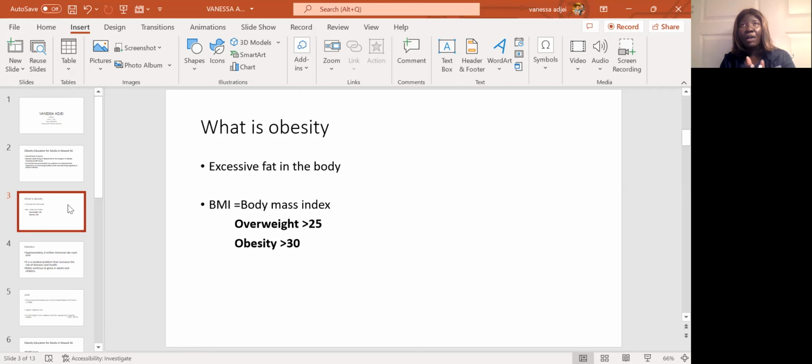If you have a BMI of less than 24, then you are good to go. You are in a healthy range. But if you have a BMI between 25 and 29, then you are classified as an overweight patient. But if you do have a BMI which is greater than 30, then that classifies you as an obese person. So that's basically what it is.